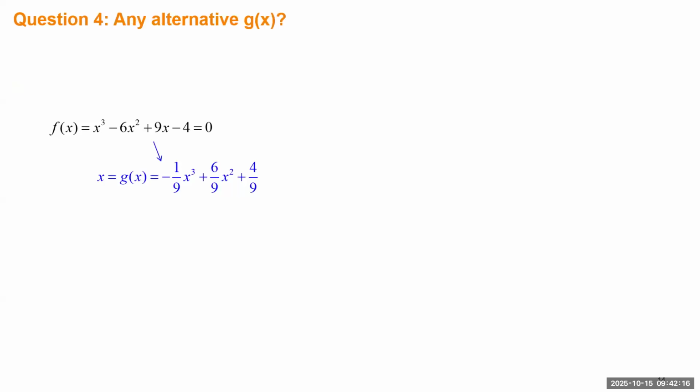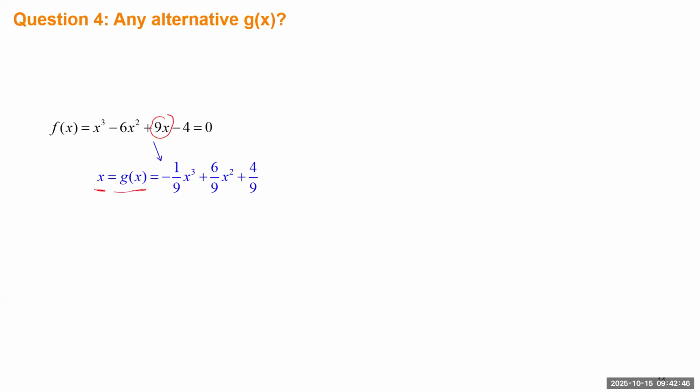The last question: is there any alternative way to write the iteration formula? Basically, we mean the g(x), which carries all the nonlinear information of the original equation. So see what we did to transform f(x) to g(x). We move the terms because we want the left-hand side to have a single x, and the right-hand side the rest of the nonlinearity.